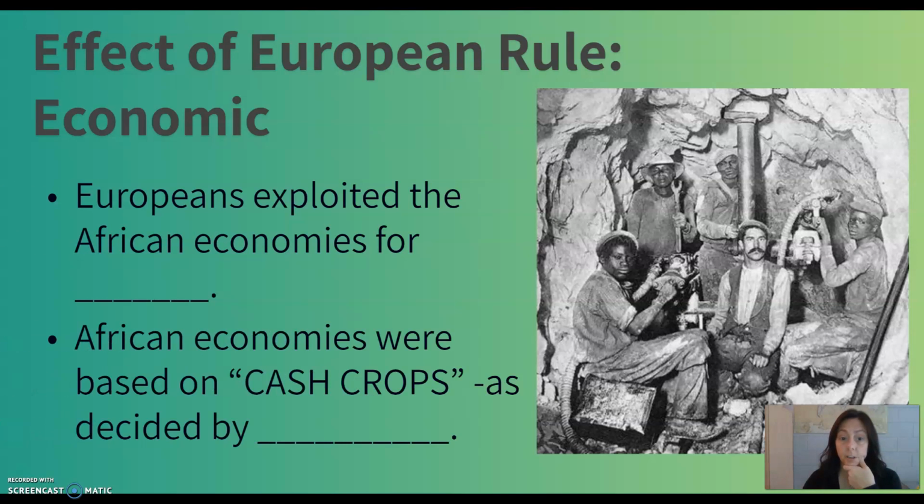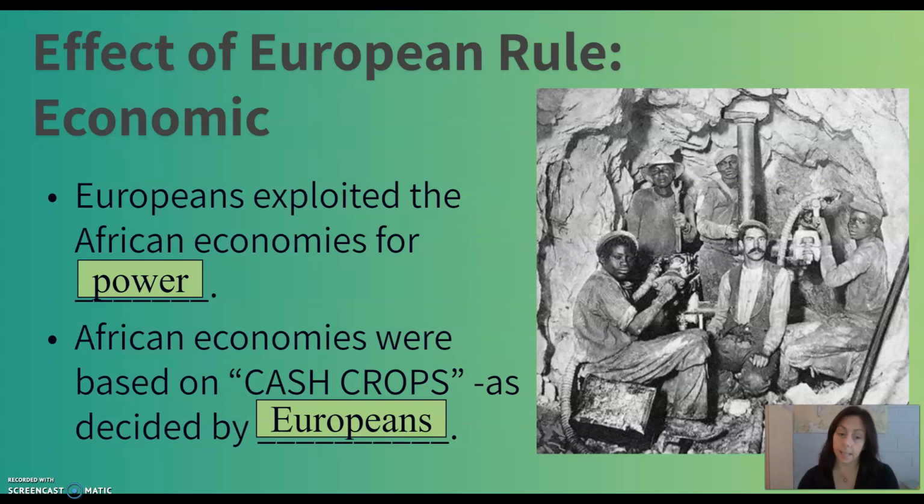Economically, the Europeans exploited, meaning took advantage of for their own benefit, African economies for power, and they also turned them into cash crops that the Europeans decided on.